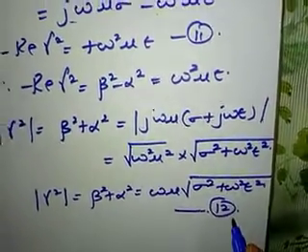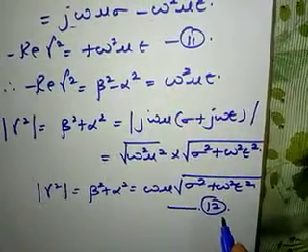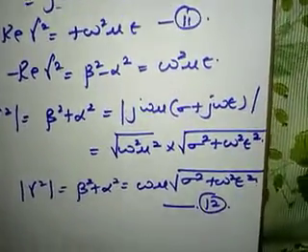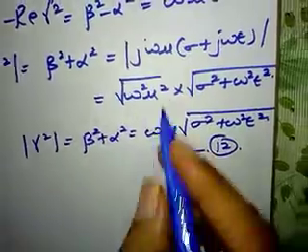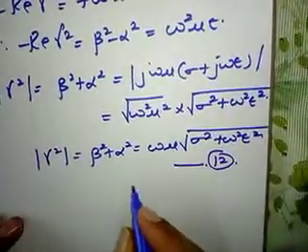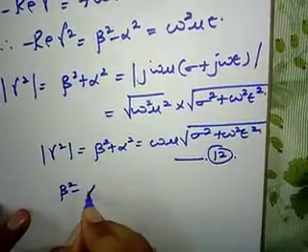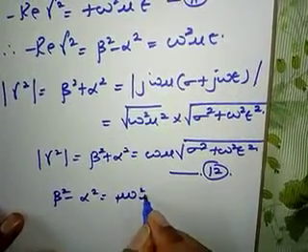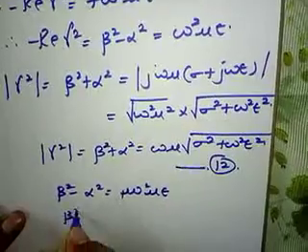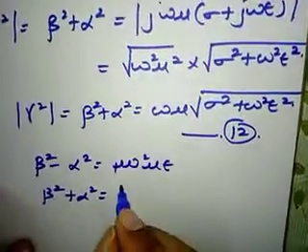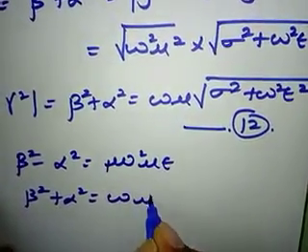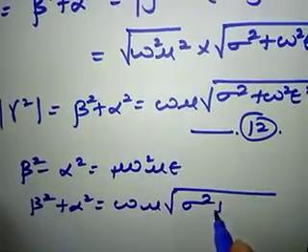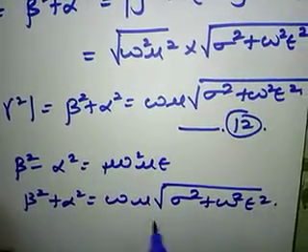Next students, here we got beta square plus alpha square and beta square minus alpha square. Beta square minus alpha square is omega square mu epsilon, and beta square plus alpha square is omega mu square root of sigma square plus omega square epsilon square.